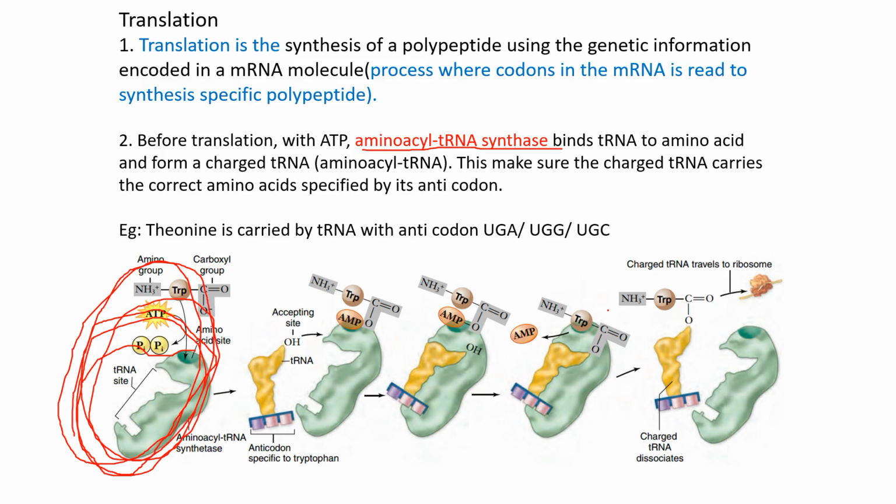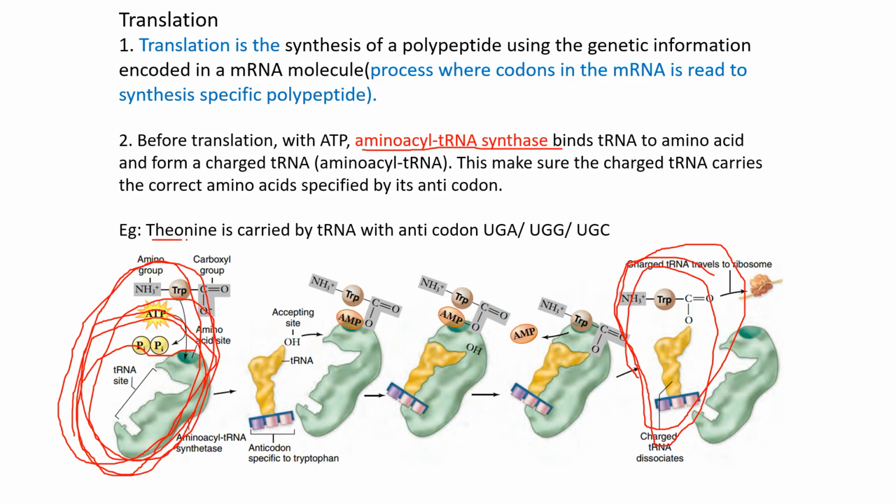Here finally you have the tRNA with its corresponding amino acid. This diagram tells you that the charged tRNA dissociates from the amino acid tRNA synthetase. Now, why is this process needed? This is to make sure the charged tRNA carries the correct amino acid specified by its anticodon.